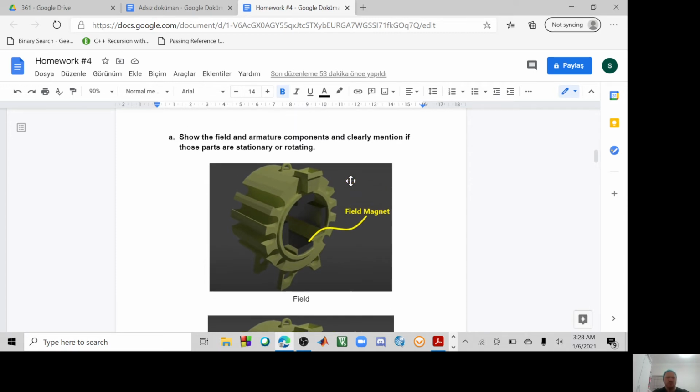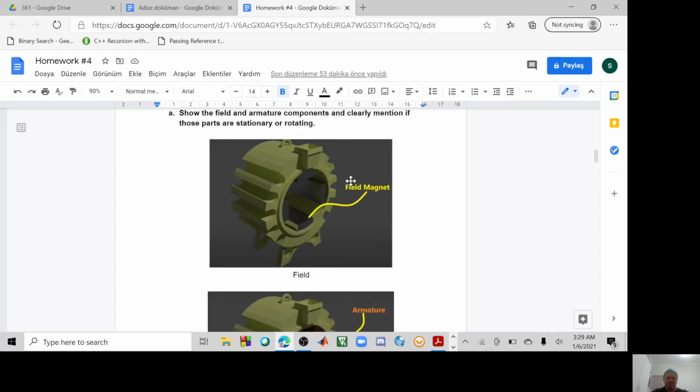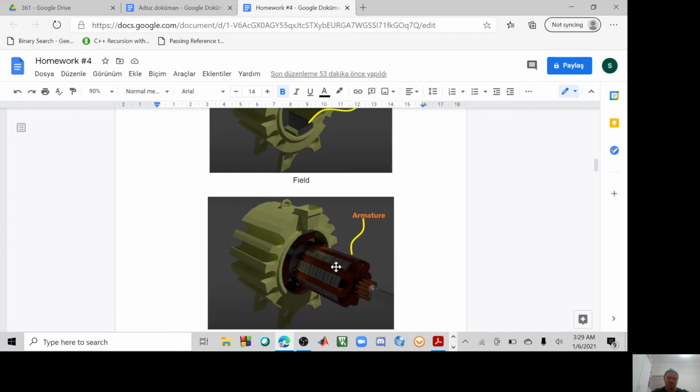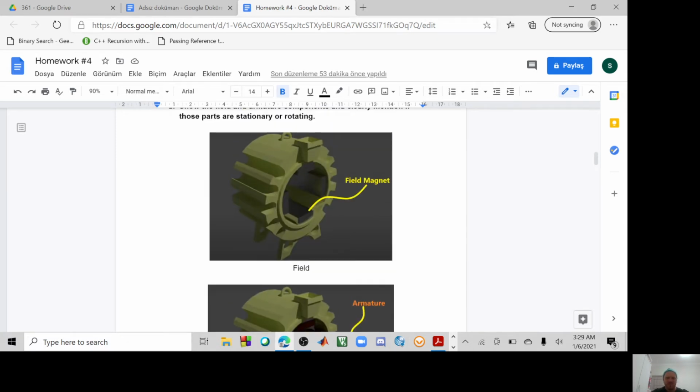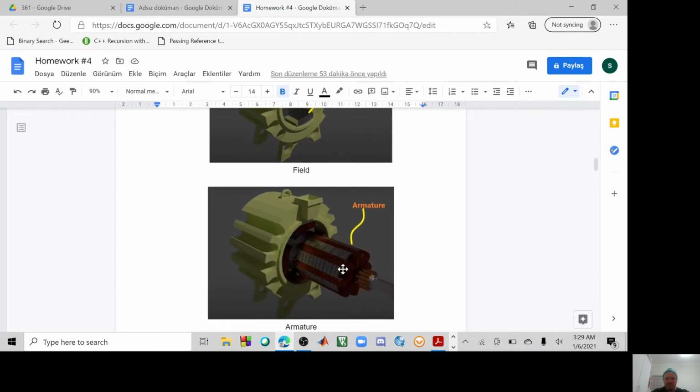The objective of the field system is to create a uniform magnetic field in which the armature rotates. And yes, you can understand that the field is the stationary part and the armature is the rotating part. Okay, let's go on.